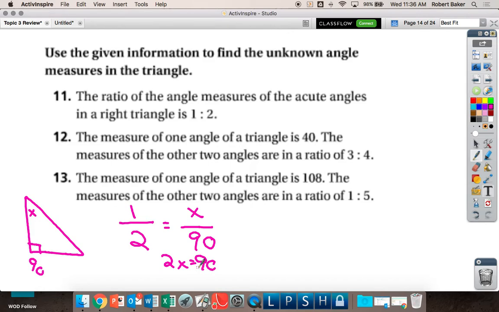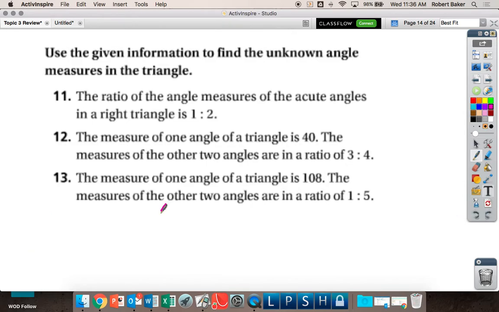The measure of one angle of a triangle is 40. The measure of the other two angles is a ratio of 3 to 4. You lost me on this one. Big triangle. These have a ratio of 3 to 4.